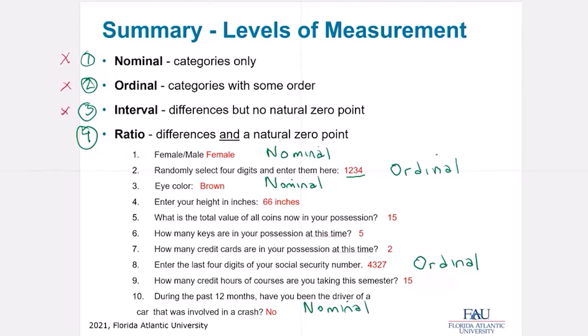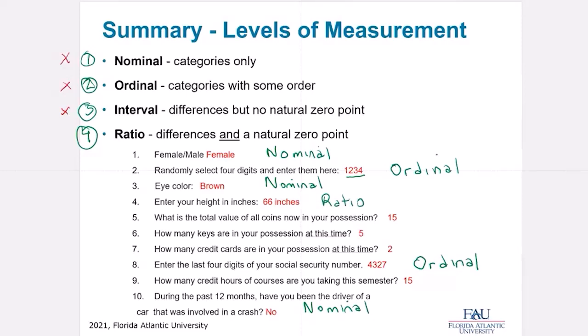We already talked about height. That is definitely ratio because I can find the differences in my heights. There is a natural starting point when I am 0 inches tall. We're going to make this ratio. The total value of all coins in your possession.